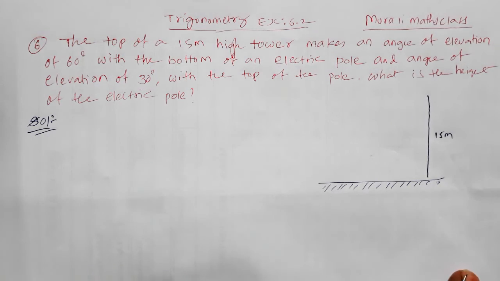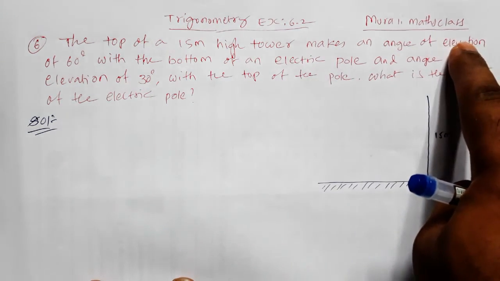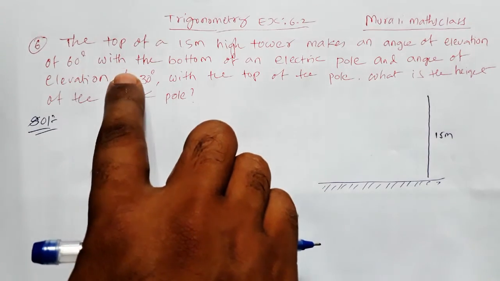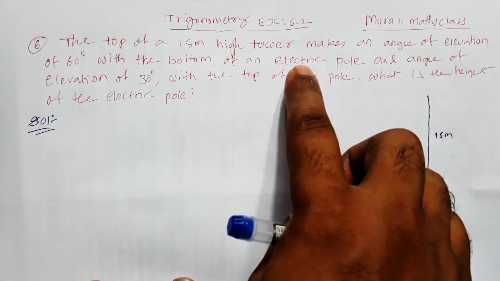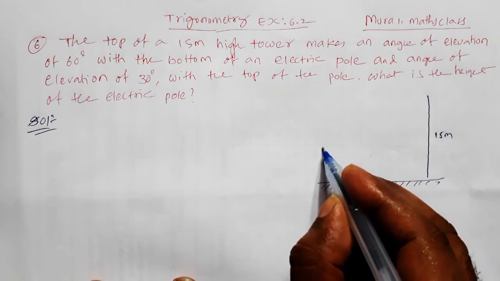The top of the tower makes an angle of elevation of 60 degrees with the bottom of the electric pole. So here one electric pole is there.